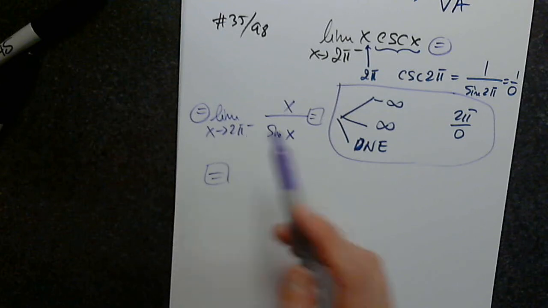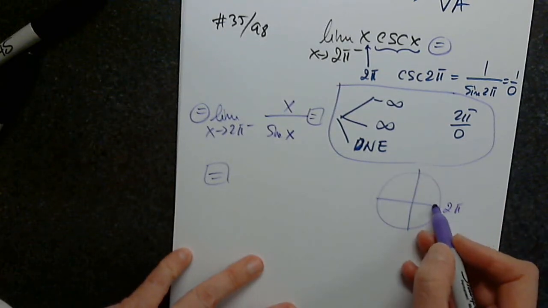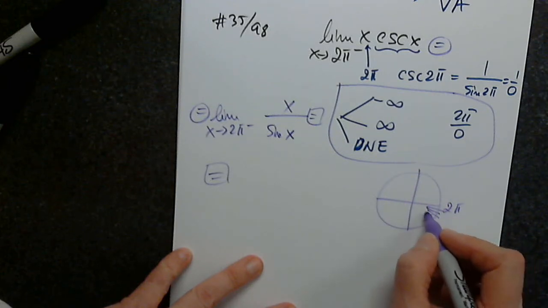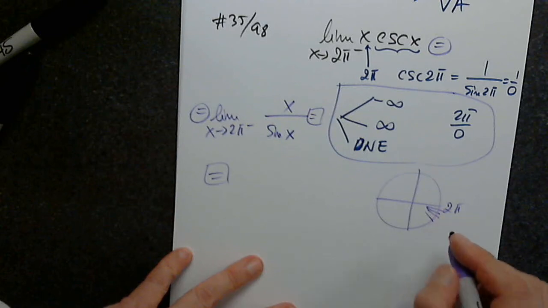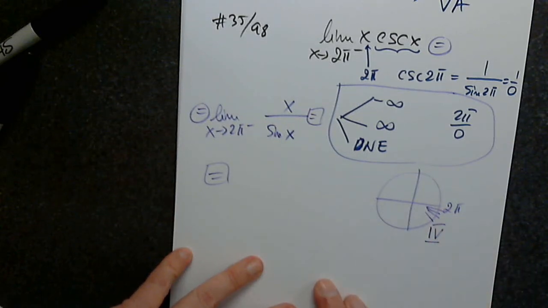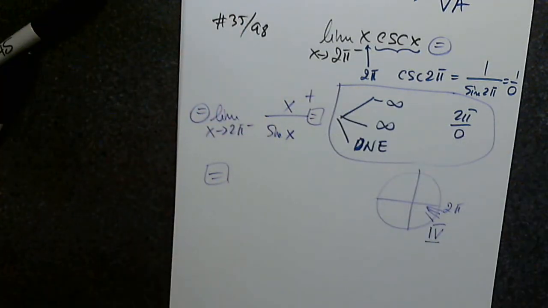Now 2 pi from the left. This is 2 pi. We start here. 2 pi from the left stops shy of 2 pi, which is which quadrant? Very good. The numerator is 2 pi, so this is a positive number no matter what.